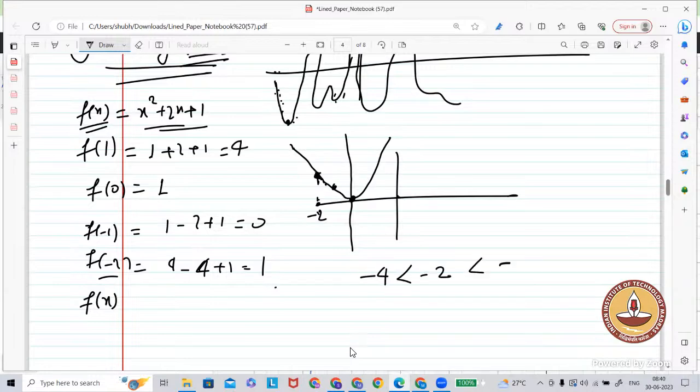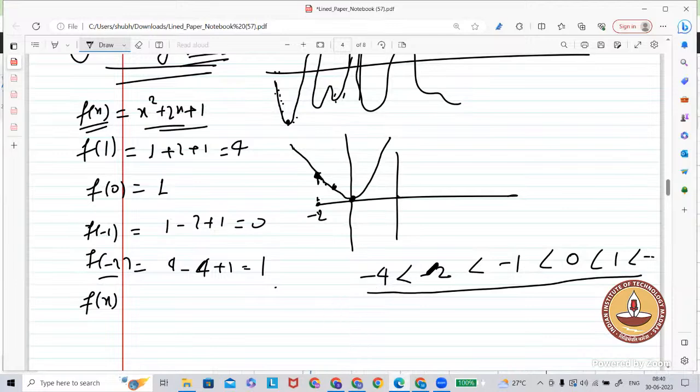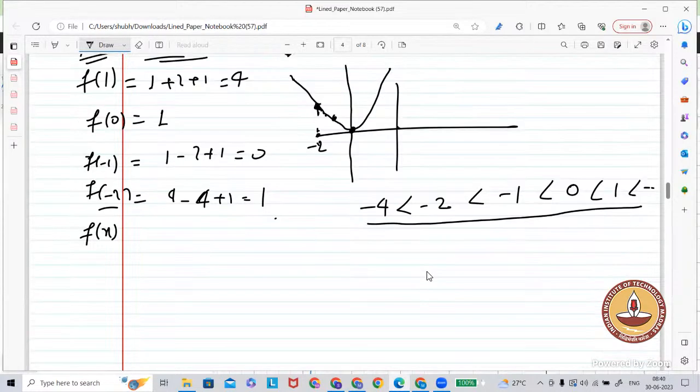And this is minus 1, this is 0, this is 1. These are the inputs you are giving, and the outputs are what you are getting.